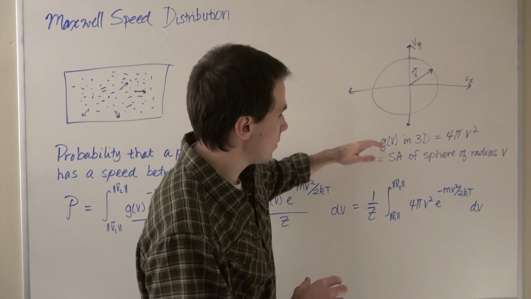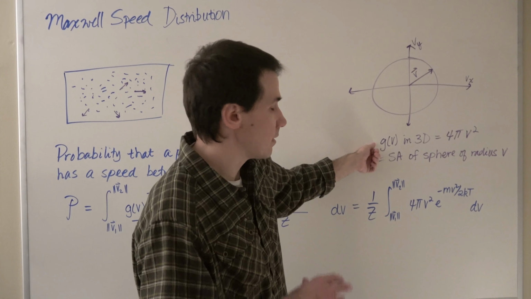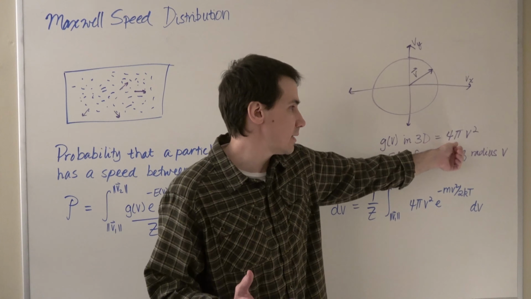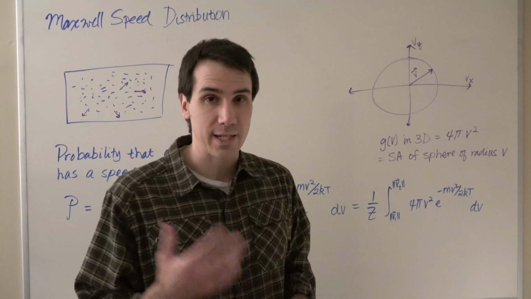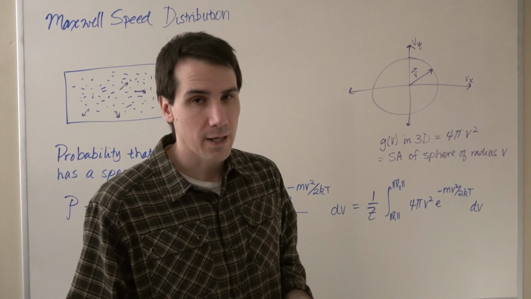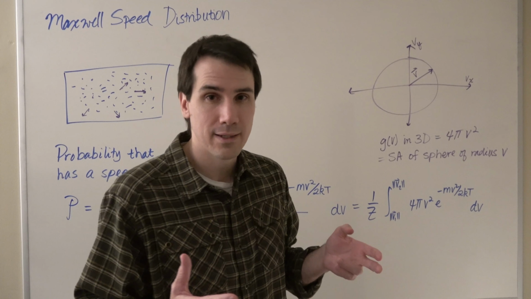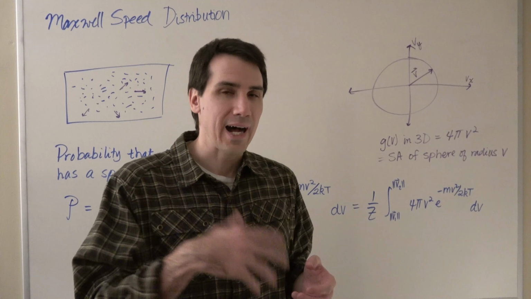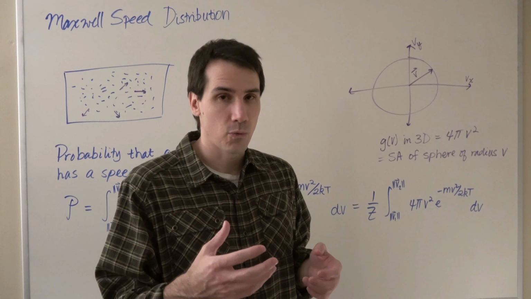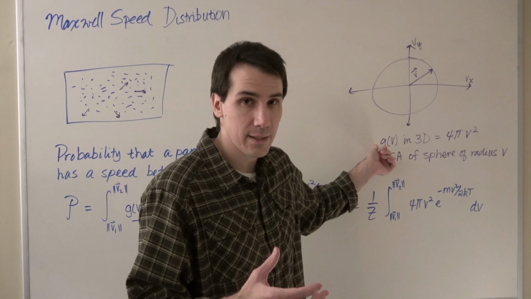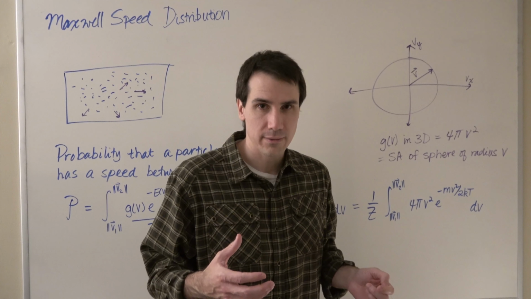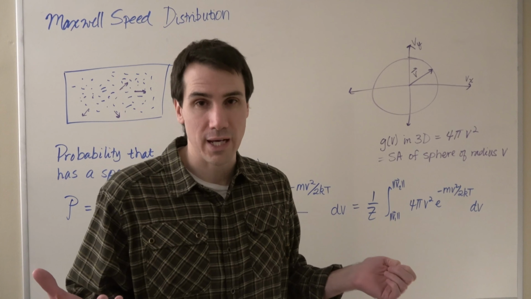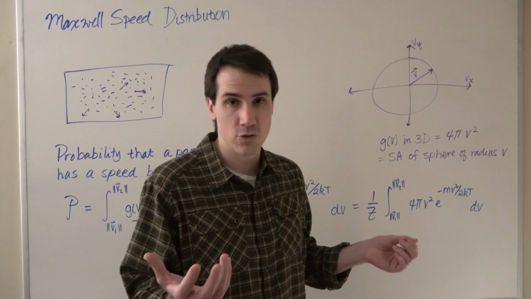So we're going to say that the degeneracy of a specific velocity is equal to 4 pi v squared. That is the surface area of a sphere of radius v. Notice that higher velocities will have a larger degeneracy because they have a larger surface area. So there are simply more ways of distributing your velocity if you have more velocity to distribute.